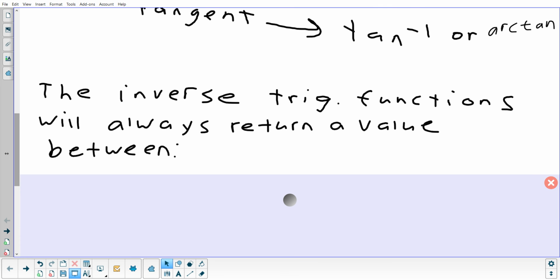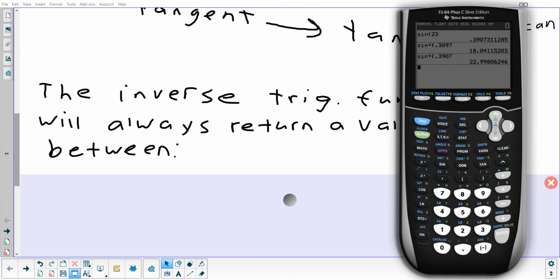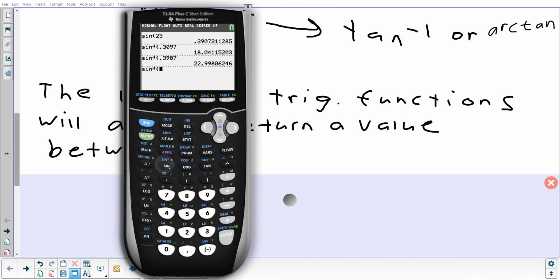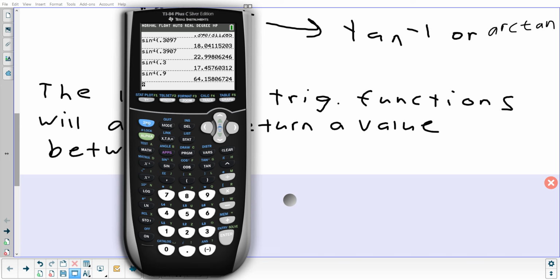So, if you start doing a bunch of inverse trig problems, let's just type in some. Let's do inverse sine of 0.3, inverse sine of 0.9, inverse sine of -0.78. You can see the kind of answers we're getting: 22, 17, 64, -51. Well, there's a pattern to them.